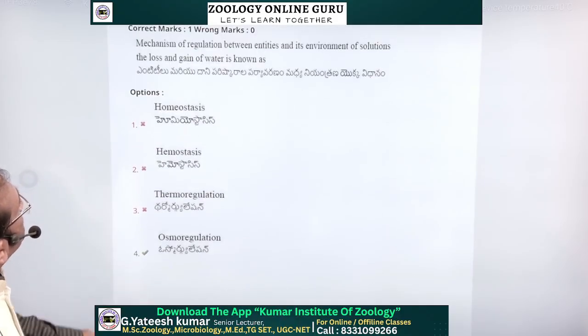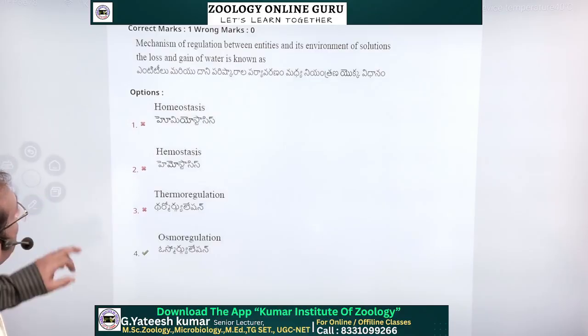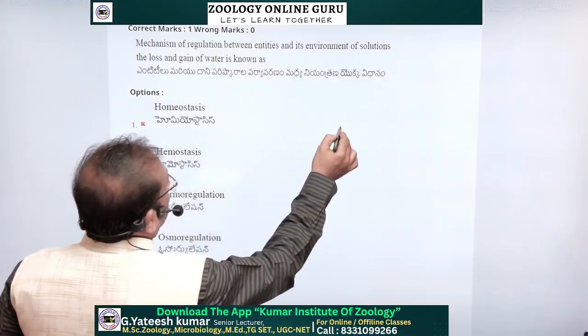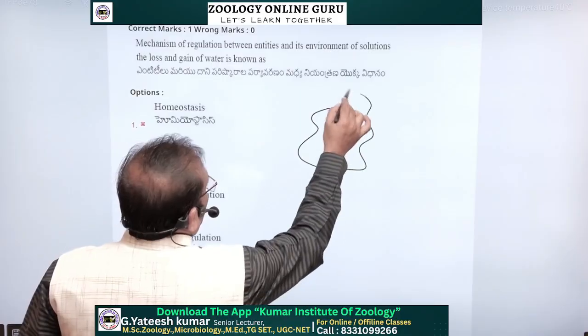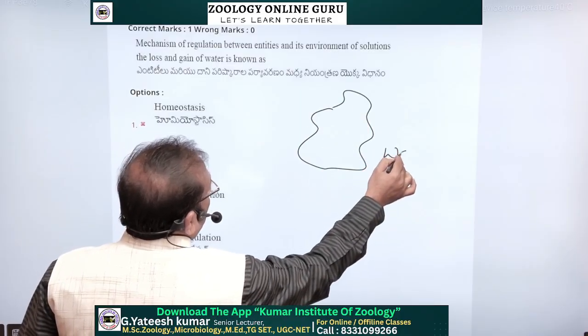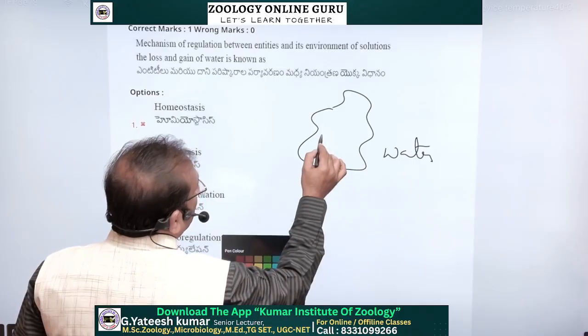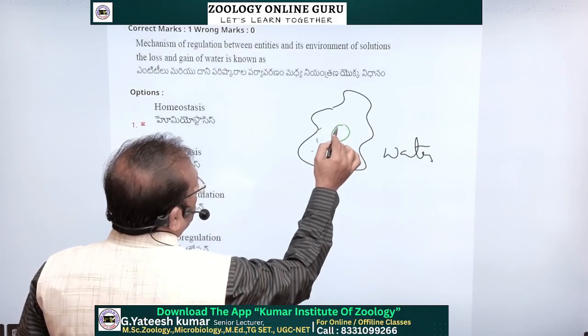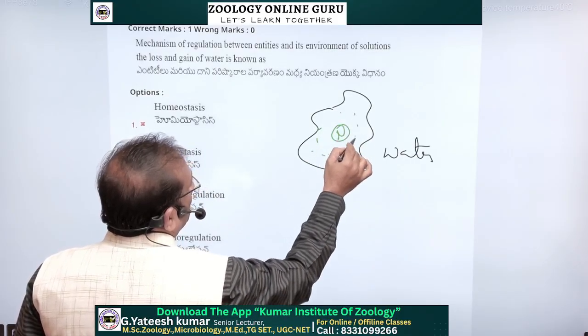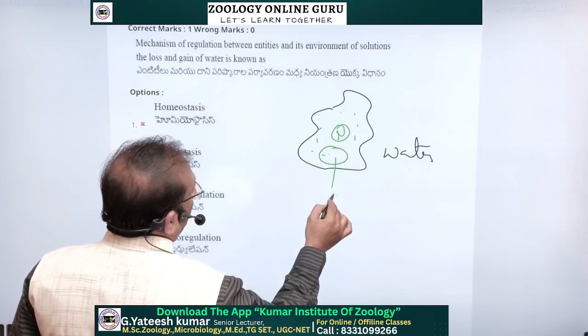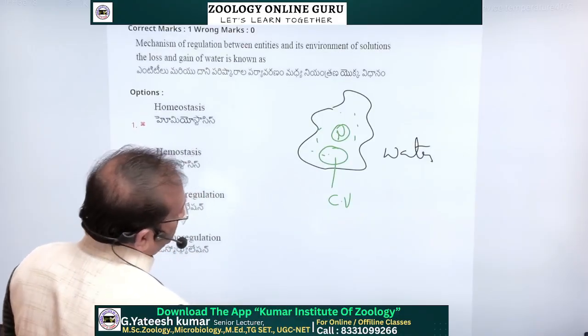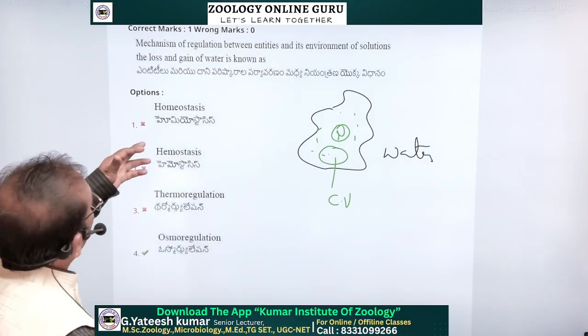Mechanism of regulation between the entities and the environment of solutions. The loss and gain of water. Suppose this is an amoeba, this is water outside, and inside there is cytoplasm, nucleus, and contractile vacuoles. What is happening here?